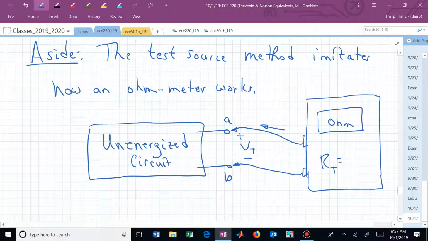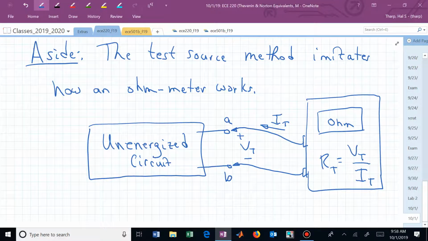Now it's going to apply a voltage across those leads, and it's going to sense what the current is, and then it can display this ratio V_T over I_T, and that's your resistance relative to terminals A and B in this unenergized circuit. So the test source method is not that foreign to us.